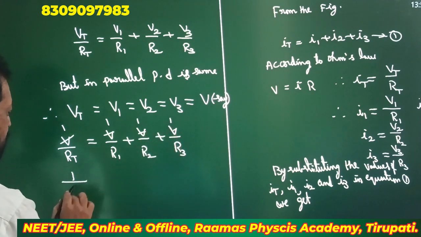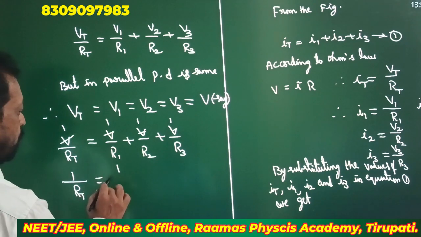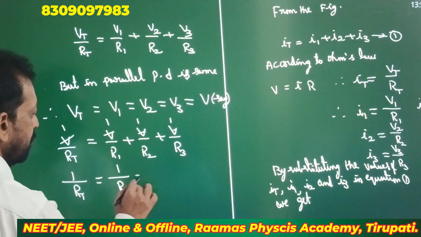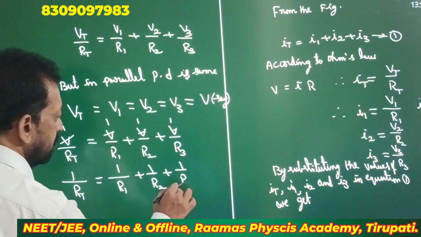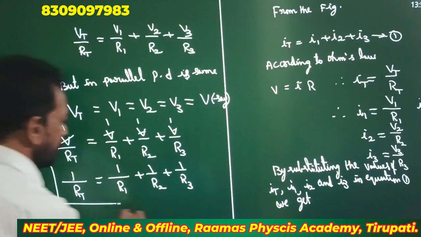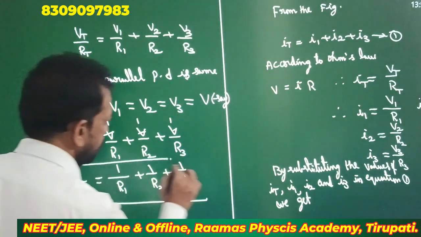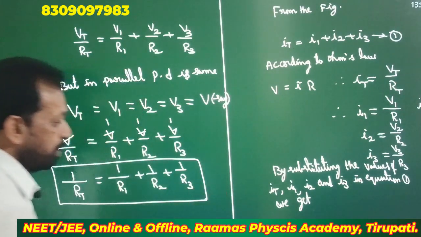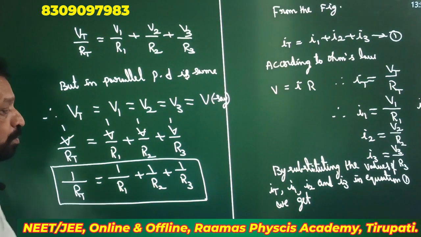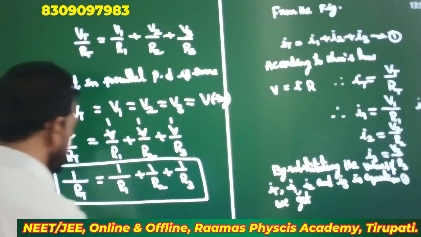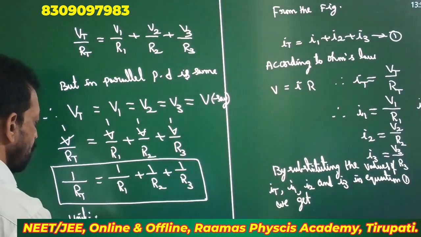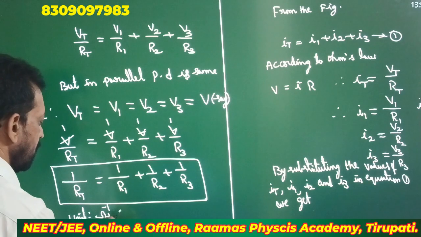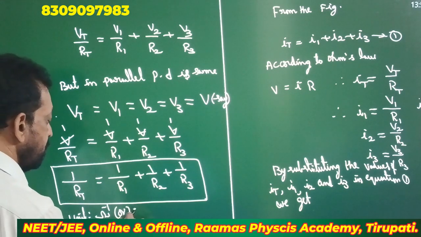Now we got 1 by RT parallel is equal to 1 by R1 plus 1 by R2 plus 1 by R3. So this is the reciprocal of resistance in parallel. So the unit is not ohm, it is ohm inverse or mho.